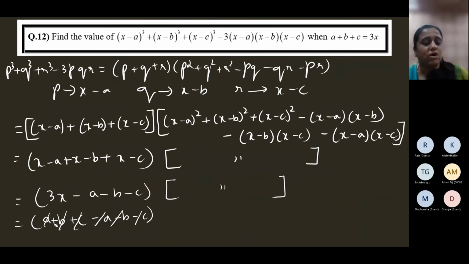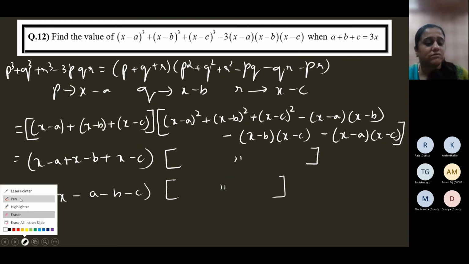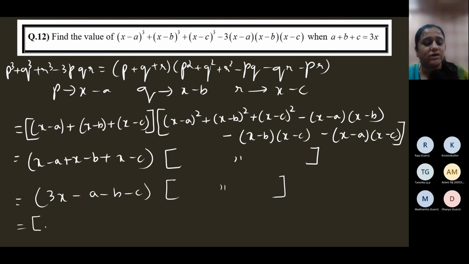Or what you can do is you can write 3x here and take a minus common, a plus b plus c in the bracket like this. Because when you take a minus common in the bracket, it will be a plus b plus c. Then the second bracket as it is.